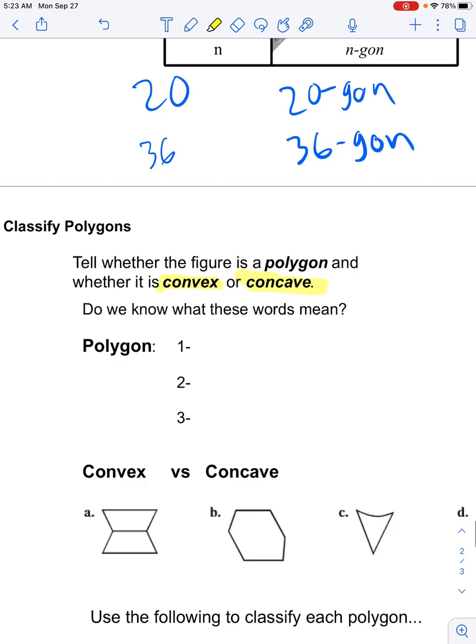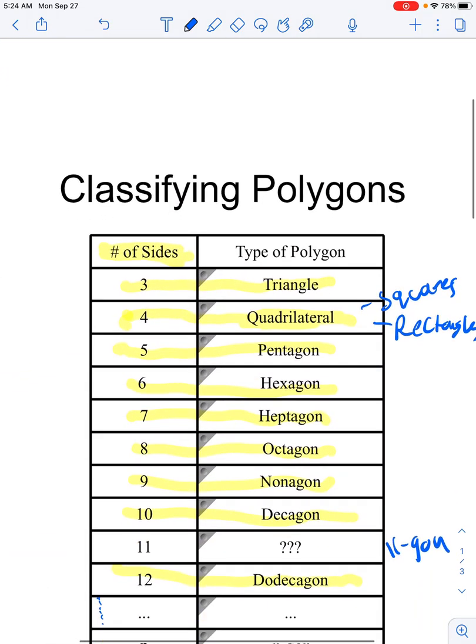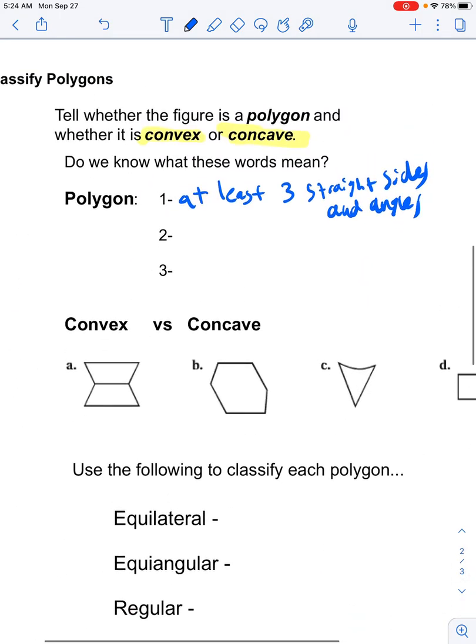So if we look at our polygon definition, a polygon has at least 3 sides with straight sides and angles. So let's add that word straight in there. At least 3 straight sides and angles. And if we looked at our chart, 3 is the smallest I have and that's a triangle.